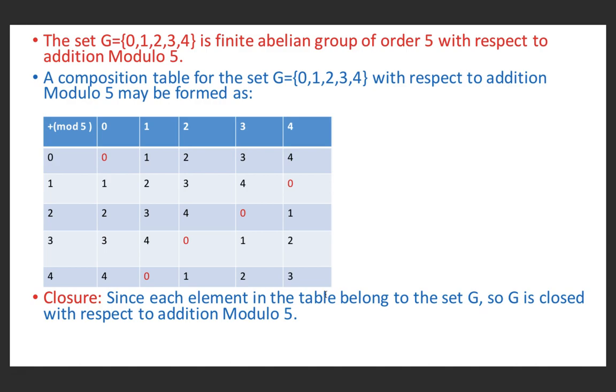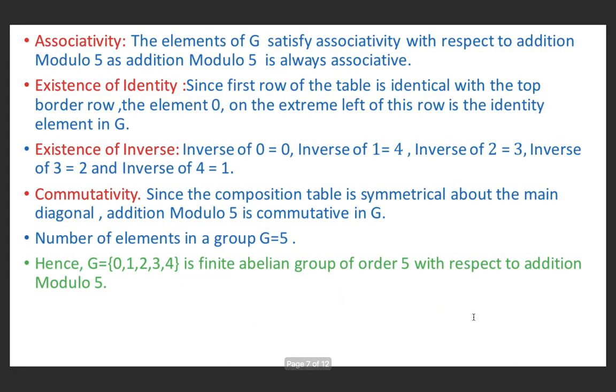So now we come to the properties of a group. Since each element in the table belongs to the set G, G is closed with respect to addition modulo 5. The elements of G satisfy associativity with respect to addition modulo 5, as addition modulo 5 is always associative.